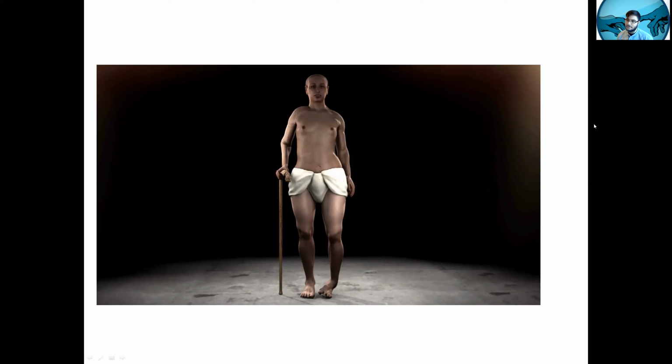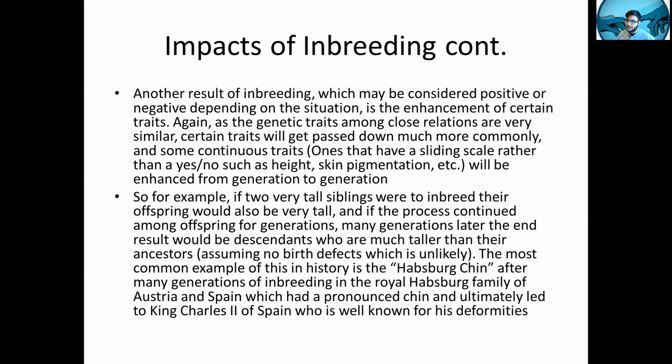We assume he had developmental defects, as well as many other defects, because his parents were, I think, either siblings or cousins. Among the pharaohs, inbreeding was very common because they wanted to keep the bloodline pure, but it obviously backfired, and he had a lot of malformations and defects because of that.